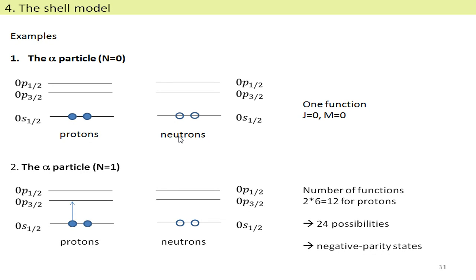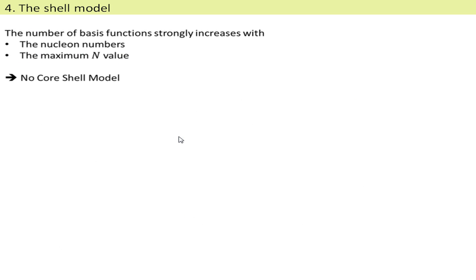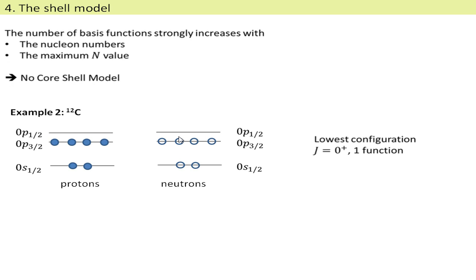There are calculations up to 17, I think. And this is the no-core shell model. This is one of the recent microscopic models, which is based on the shell model, but without any limitation of the shell.